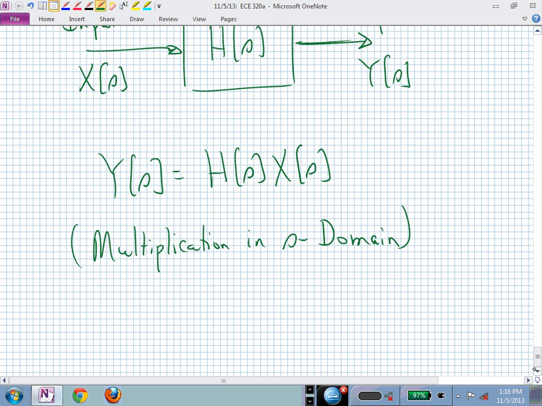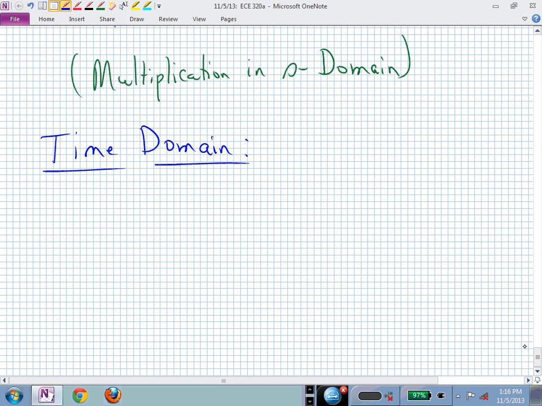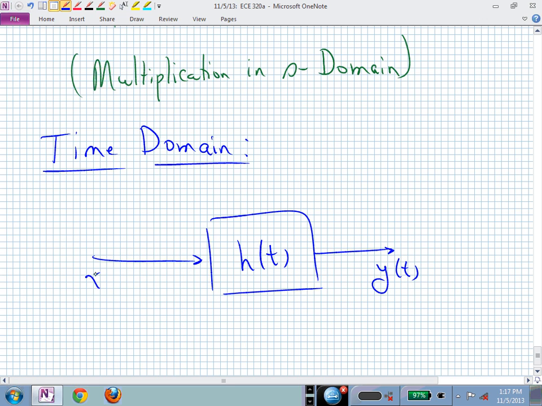What do we have in the time domain? Somebody might draw almost the same picture structurally. They say, oh, you have a system that has an impulse response h of t. It produces an output y of t, and you have an input x of t.